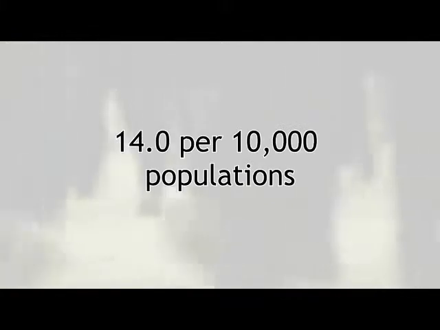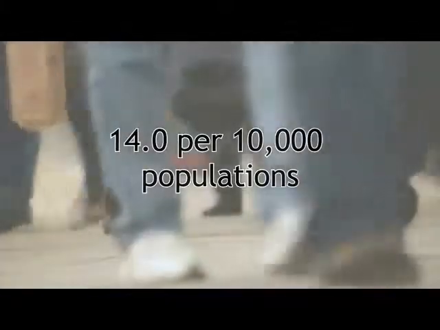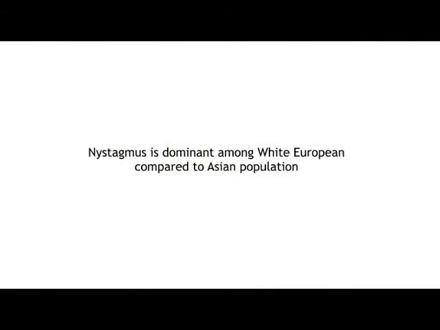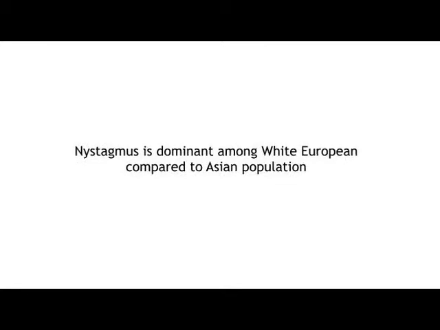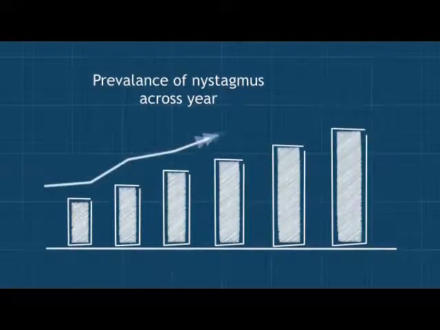Findings of this study show the prevalence of infantile nystagmus syndrome type only was 14 per 10,000 population in children and adults. Within ethnic groups, nystagmus was significantly more dominant in the white European population than in the Asian population. This study showed an increased prevalence of nystagmus compared to previously reported studies.